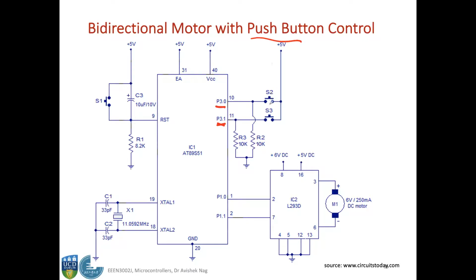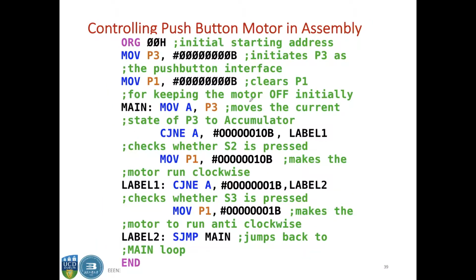When you press this switch S2, this will act as a switch. So when you have this P3, which is all 0, this initializes P3 as the push button interface. Then you clear your P1 so that the motor is off initially.